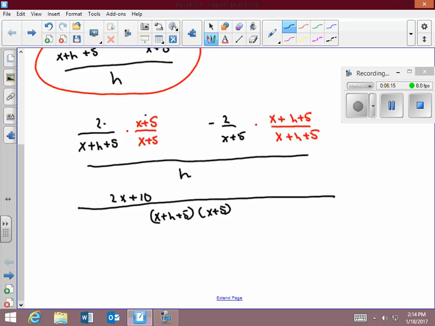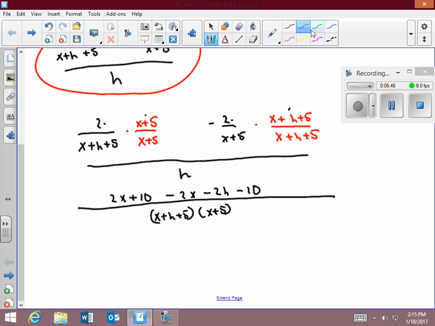And then I got to multiply that 2 and change signs times this thing over here, right? So then I'm going to go minus 2x minus 2h minus 10. Are you good? Everybody else good?